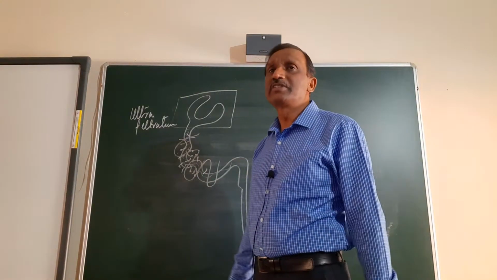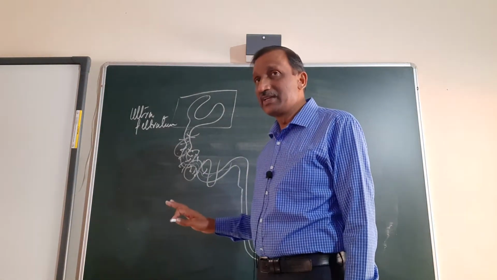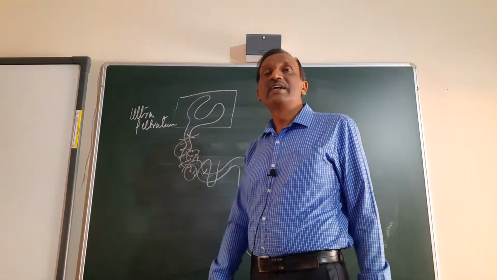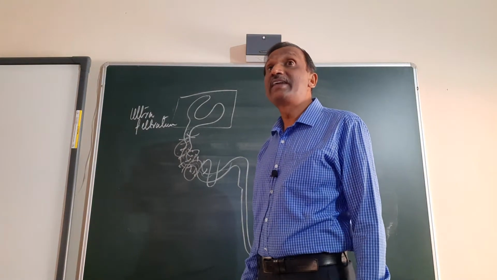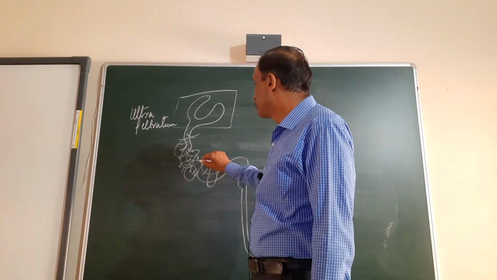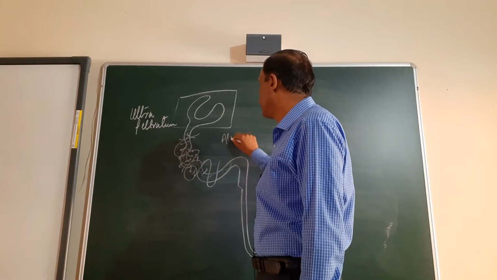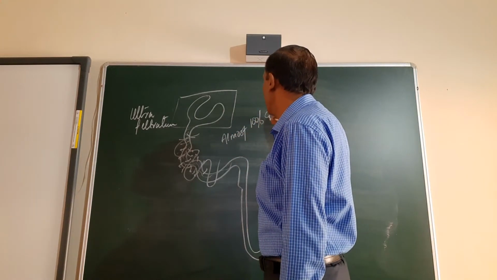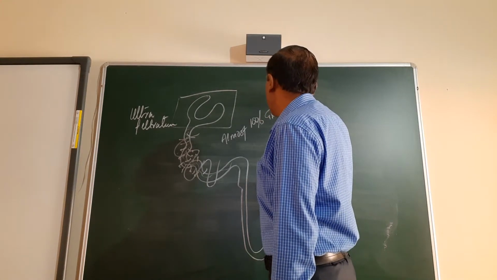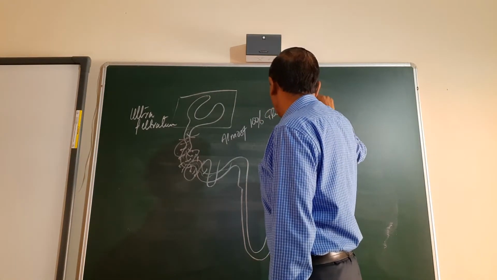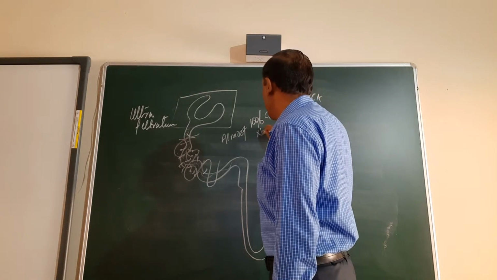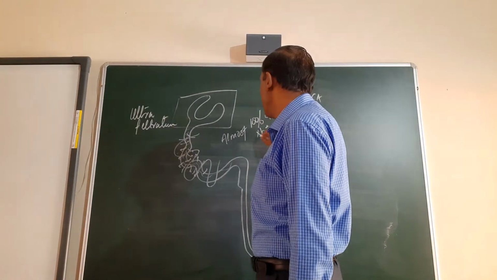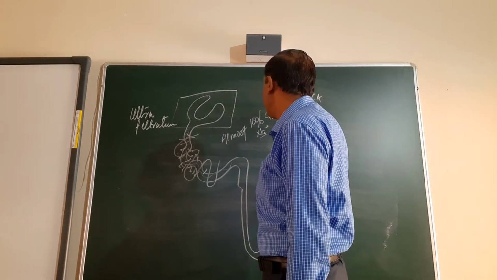That is the passive process. While passive absorption is going on, simultaneously the PCT membrane starts active absorption, and it absorbs almost 100% of glucose, amino acids, fatty acids, and sodium. Sodium cannot be fully absorbed, and calcium too.